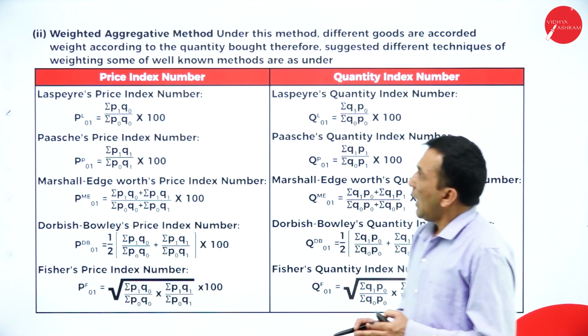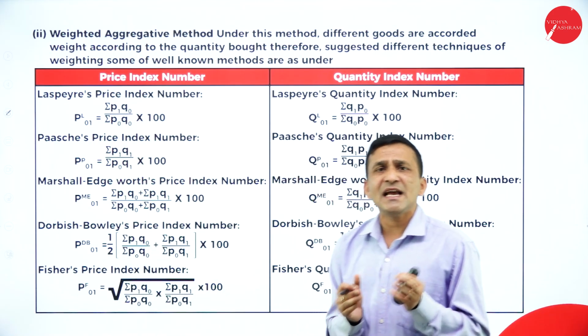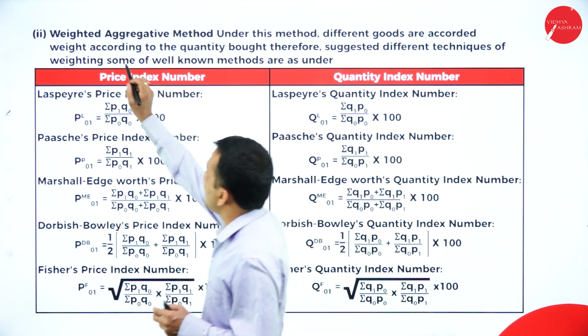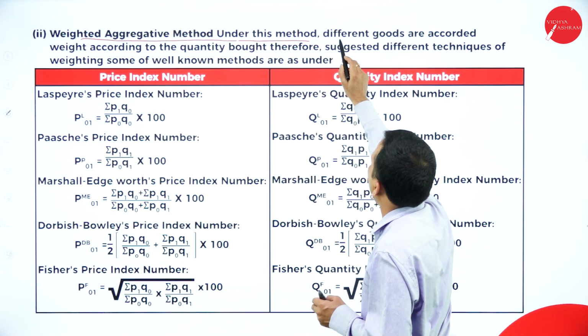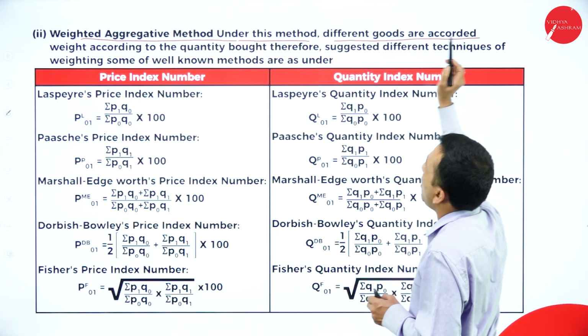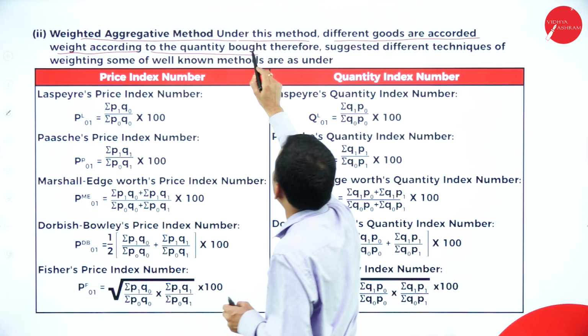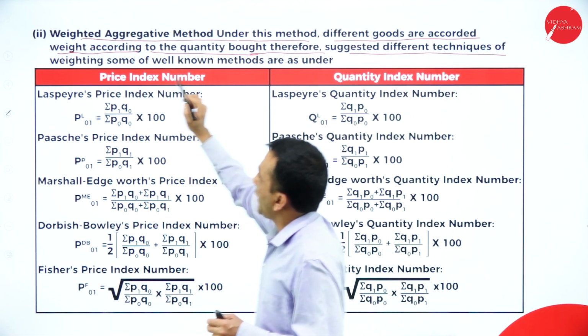Okay, moving on now, it's 100% expected. There is a price index, quantity index, volume index. Okay, so volume index here, the weighted aggregate method. Under this method, different goods are given weight according to the quantity bought, therefore suggesting different techniques.